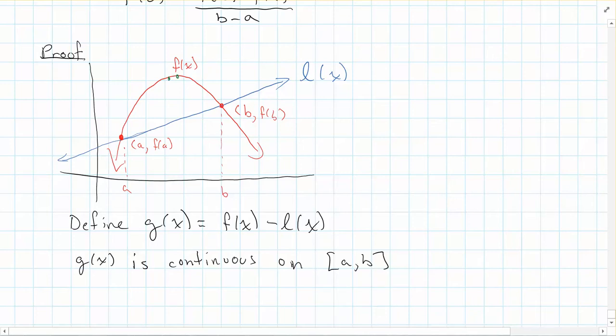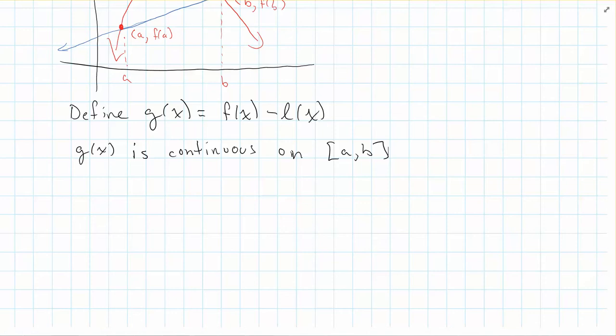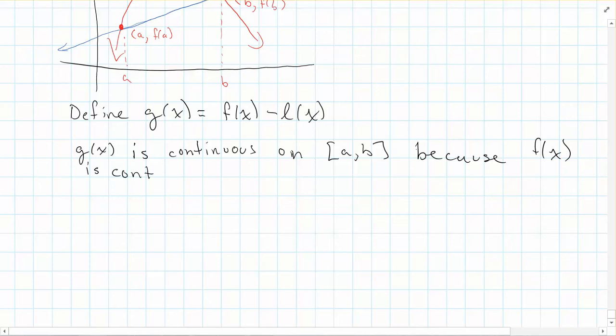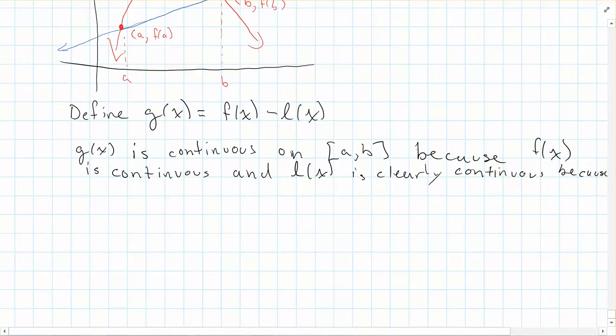Why is it continuous? Well, f(x) is continuous, we know that because that's given to us in the theorem, and L(x) is clearly continuous because it's a line. So that makes g(x) continuous.